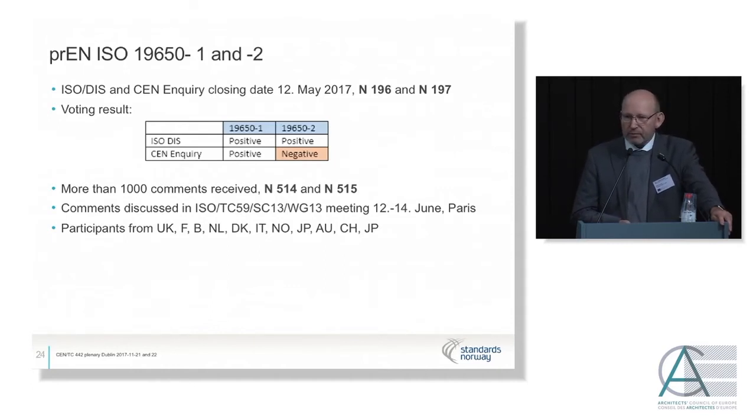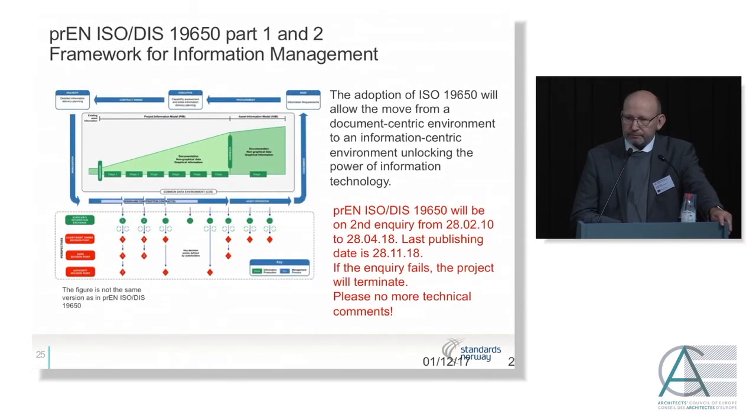But what we saw on the vote on the DIS this spring is that Europe voted against Part 2, and we had 1,000 comments, and we decided to take it to another DIS. The problem with this is that we now need to take a second DIS, and we have used the time we have from ISO.